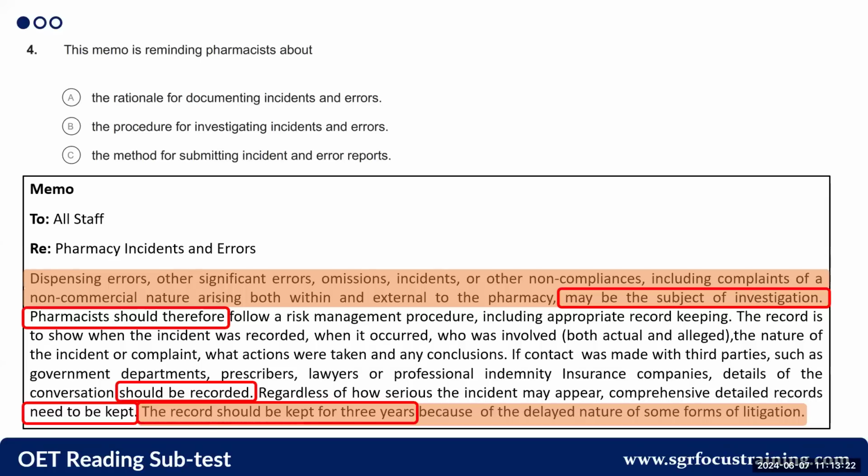Now, we could also see the next sentence here where it says the record is to show when the incident was recorded, when it occurred, who was involved, both actual and alleged, the nature of the incident or complaint, what actions were taken, and any conclusions. So this is talking about the record keeping and what it's supposed to show.